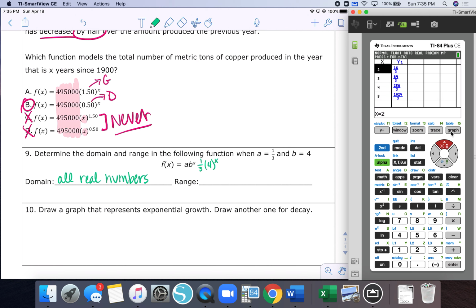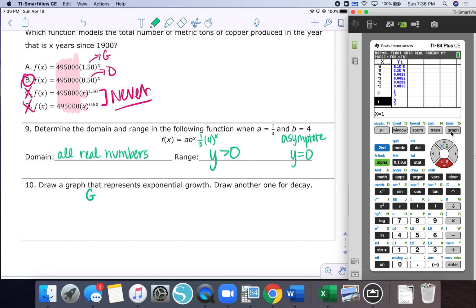And if I look at my y values, they get really close to 0, but they never ever cross, which is what all of your ranges should be. So y is going to be greater than 0. It will not be equal to. Your asymptote, if you are asked about that, would be your range, but with an equal sign instead. So your asymptote should be at 0.